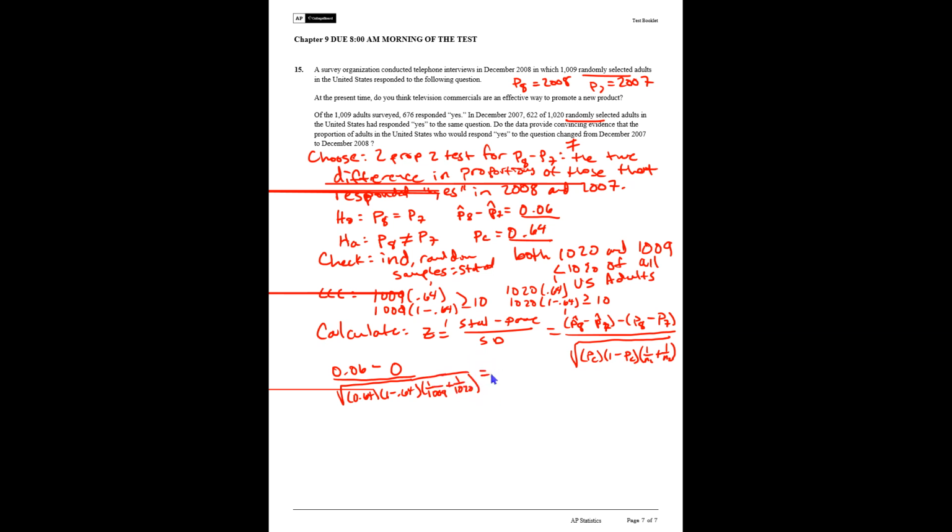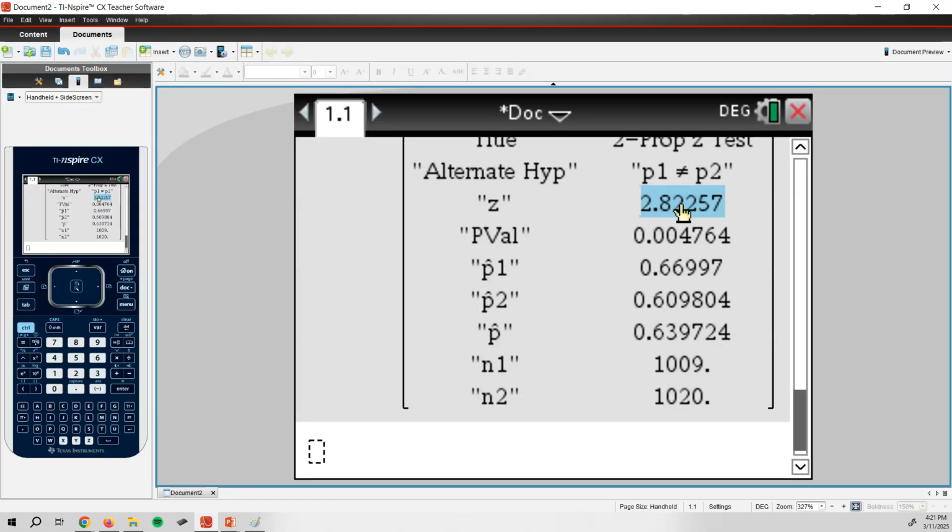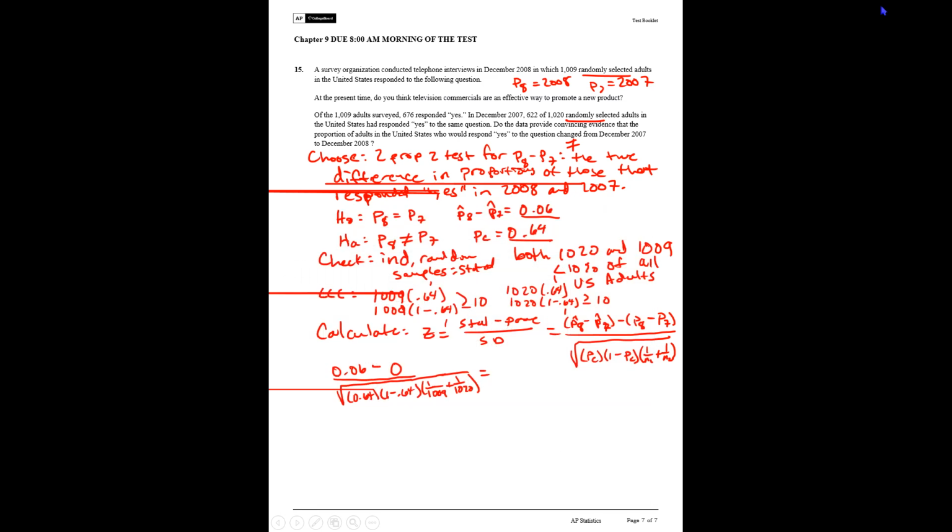And that comes out to our z-score. We need the z-score and the p-value, so I'll put them back up here. Our z-score was 2.82 and our p-value was 0.005.